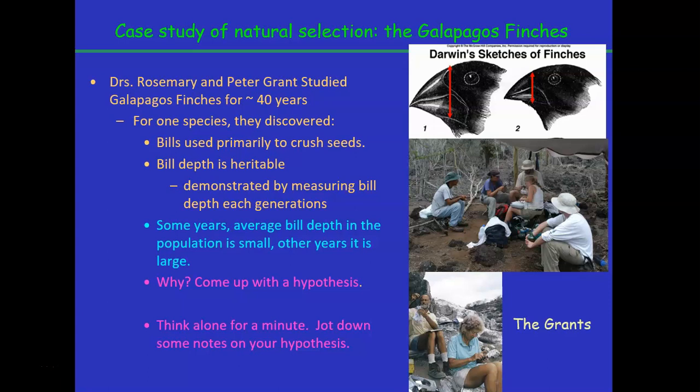Finches primarily eat seeds, and they have these big, thick bills because they crush those seeds before they swallow them. If they were to just swallow them, they would just pass right through. But you got to crush the seed in order to get at it. So many of you are familiar with pecans and walnuts and things like that, right? Well, you got to crush through the outer shell to get to the good stuff on the inside. Well, these birds don't have tools to do that for us, so they have their beaks.